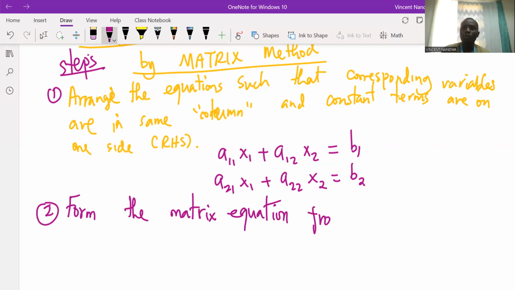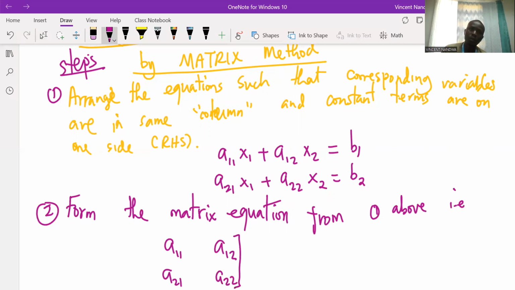That is, once you have done this arrangement, the matrix equation will be given by checking the coefficients of each variable. So A11, next is A12, this one is A21, this one is A22, and then put them in brackets to show there's a matrix.